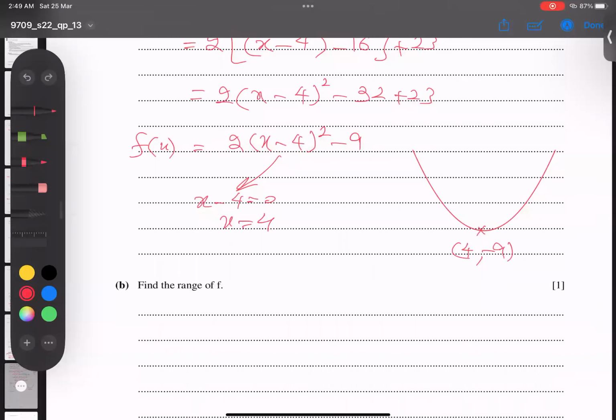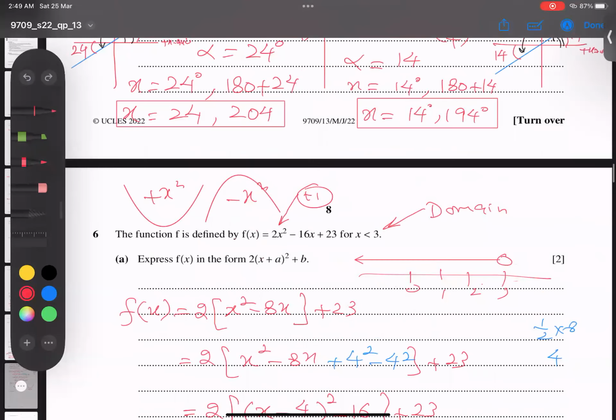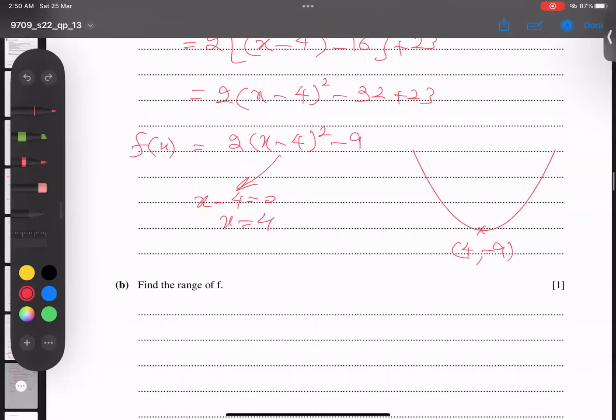But he is asking because the domain is 3 and lesser. 3 and lesser means in this situation, this is 4, and then it's 3, then it's 2, and then 1, and continue forever. So my graph is not starting from this one. If this option is not there, the range is starting from minus 9 and going higher and higher, because the curve is starting from here and goes upwards.